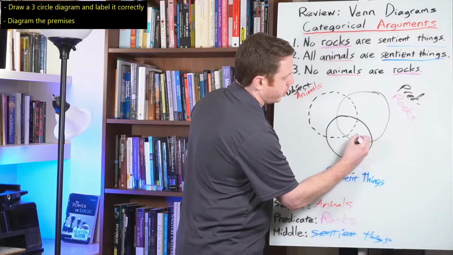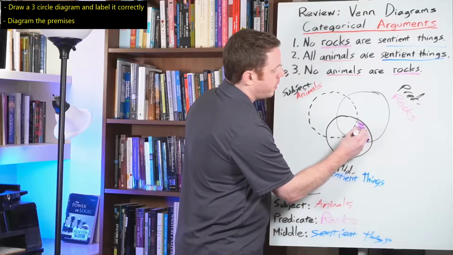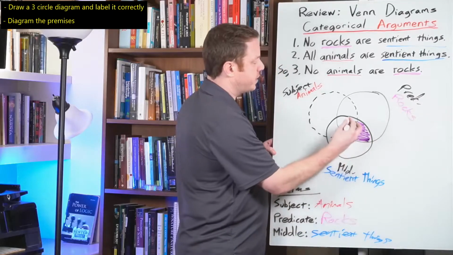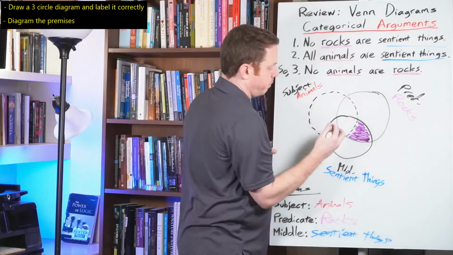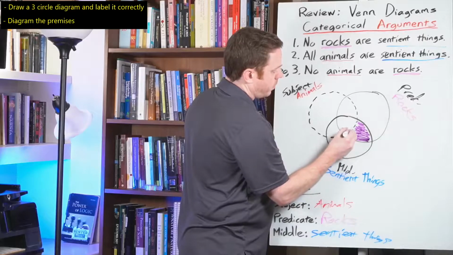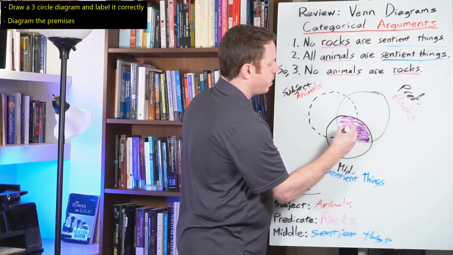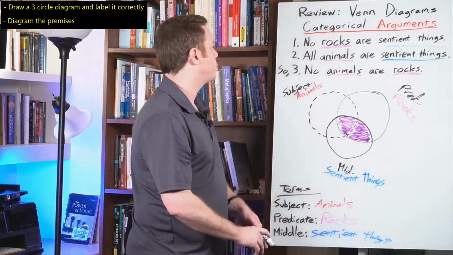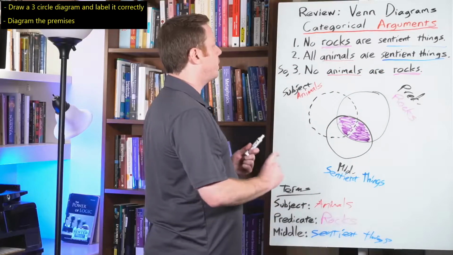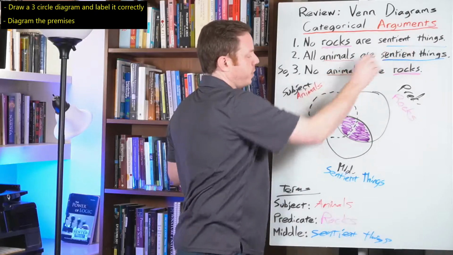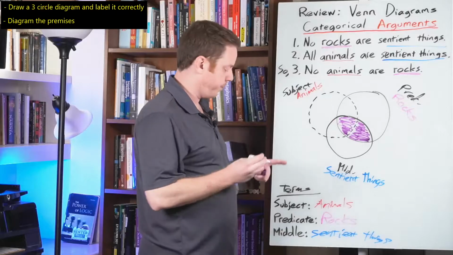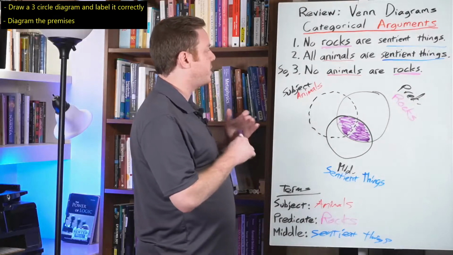So we're just going to go ahead and shade in everywhere that would be a rock and a sentient thing, because it's saying there are none of those. And since we're ignoring our animal circle, we're just looking at these two circles, and there's nothing that's inside the rock circle that's also inside the sentient circle. That's all empty. So that's our first premise diagrammed.